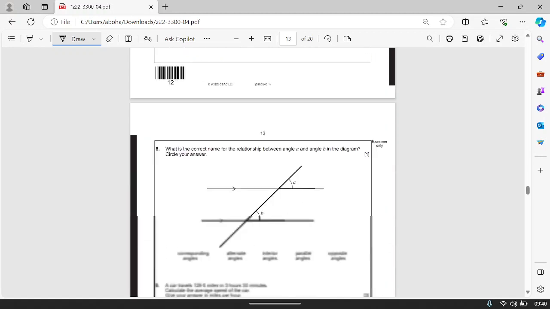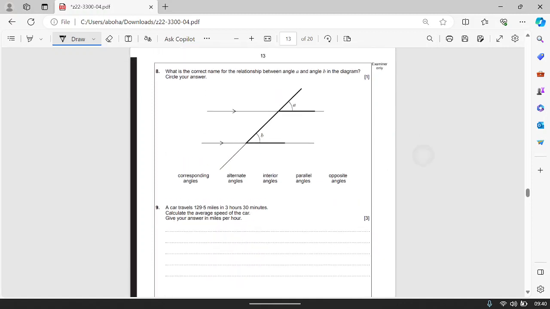So moving on to the next one, question 8. So these are corresponding angles. That there, they are corresponding, or F angles. The one that does the zigzag shape, let's say it was that one instead of the A there.